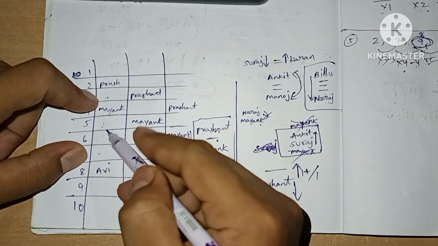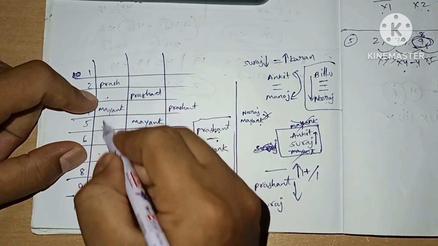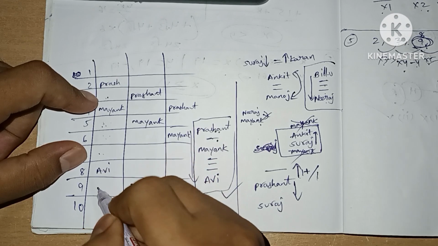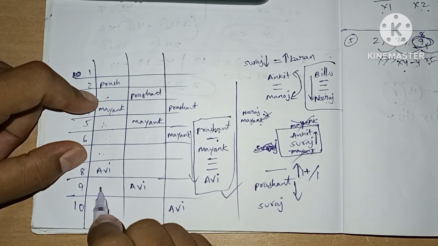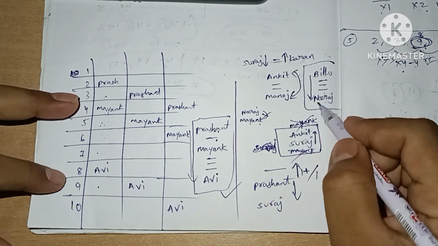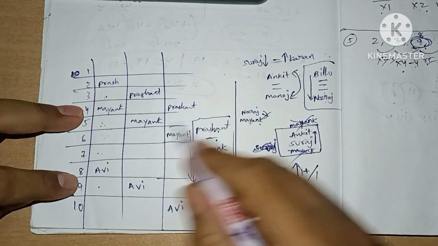But okay, wait a second. We can take here, or else if we take below here 1, 2, 3, this is the place for Neeraj. So we are getting more than two possibilities for Billu and Neeraj here.